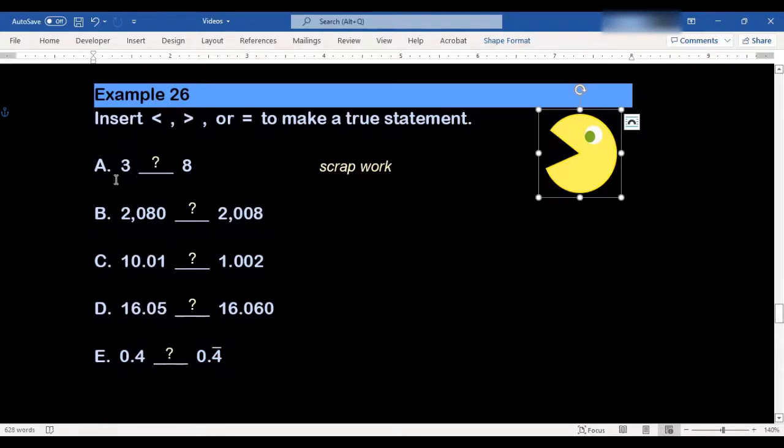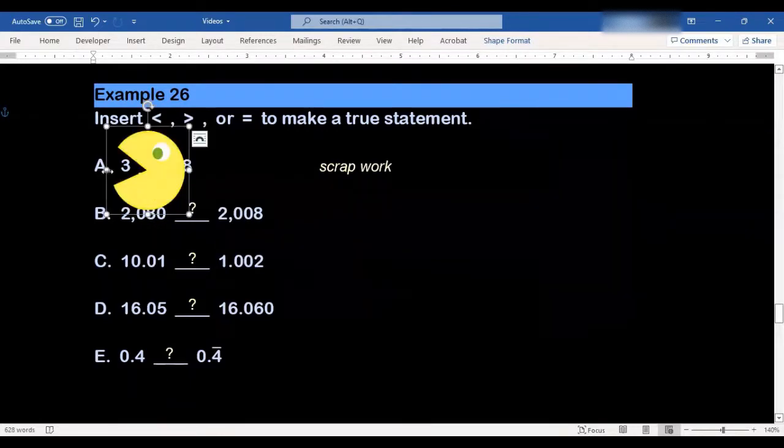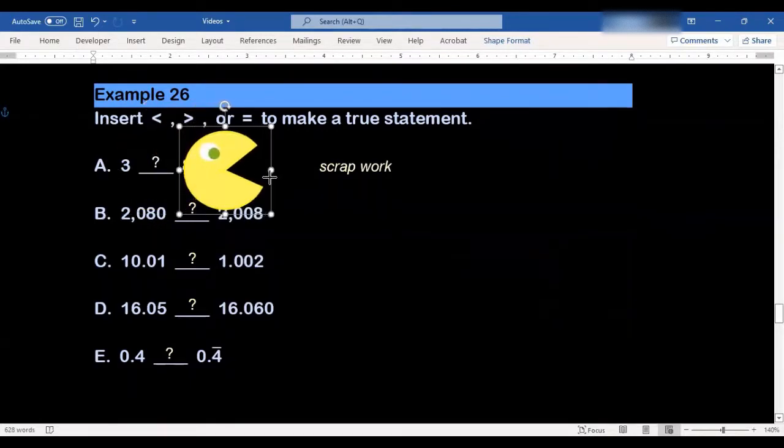For this first one, we're going to be comparing the numbers 3 and 8. I like to think which of these two numbers is bigger. 8 is bigger than 3, which means my hungry face wants to be eating the 8. Right now it's facing the wrong way, right? It's a hungry face. It wants to eat the bigger number.